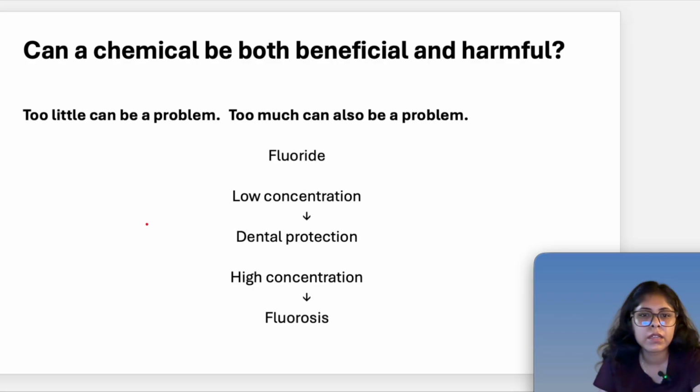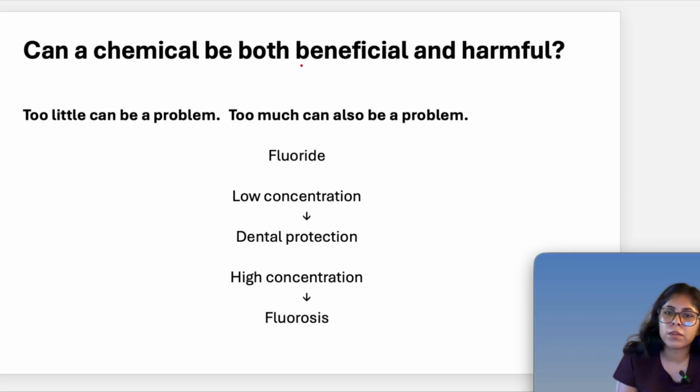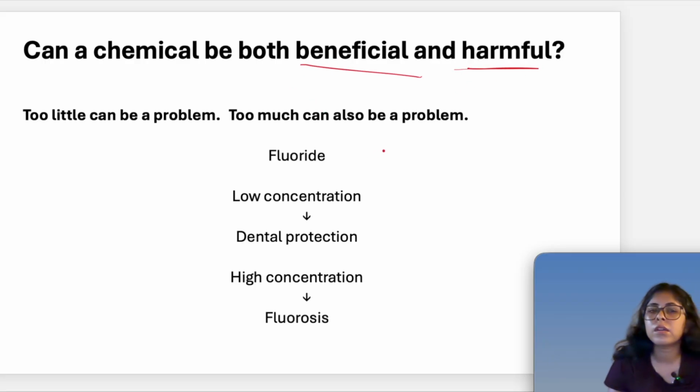Now the first question which comes to our mind is, can a chemical be both beneficial and harmful? There is one chemical where, if it is too little, it can be a problem, but if it is too much, then also it can be a problem. Okay, so this is fluoride.